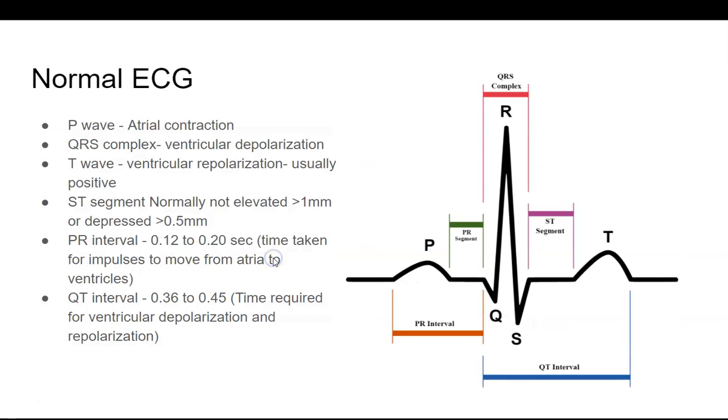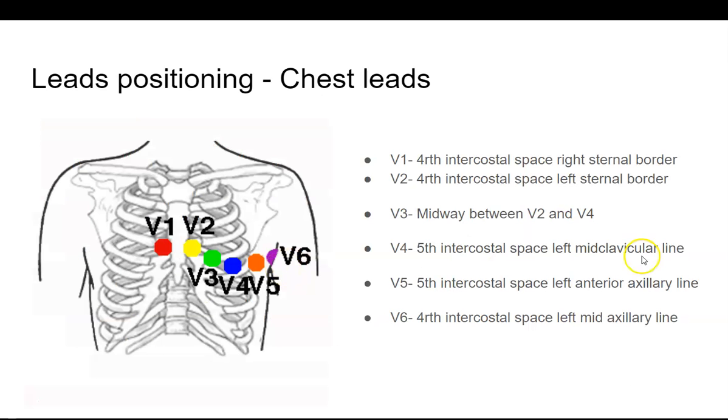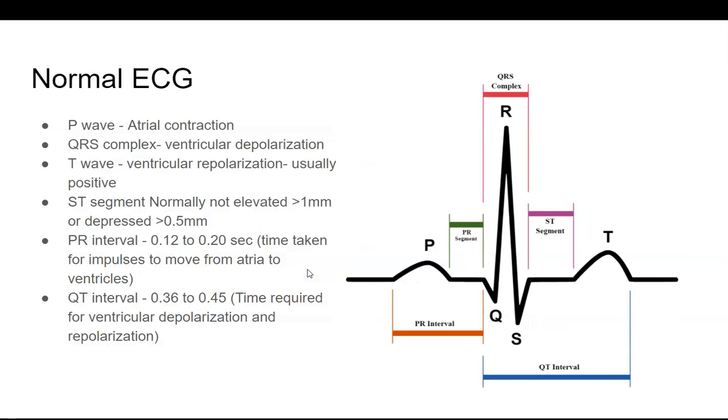Here I have made a mistake; this one is also the 5th intercostal space. So V1 is 4th intercostal space, right sternal border. V2 is 4th intercostal space, left sternal border. V3 is between V2 and V4. V4 is 5th intercostal space, mid clavicular, then anterior axillary and mid axillary. So all these 3 leads come under the 5th intercostal space.